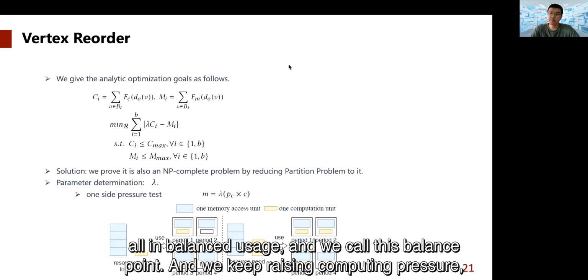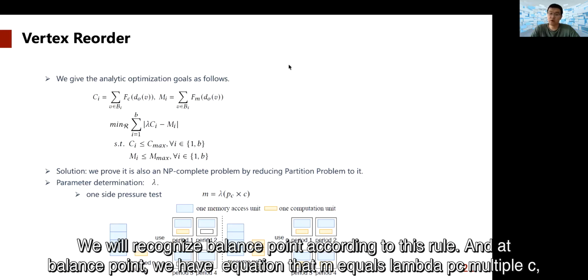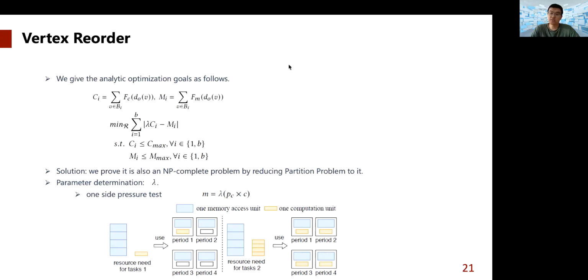And if we keep raising computing pressure, the overall time will increase immediately. We recognize the balance point according to this rule. At the balance point, we have the equation MEM equals lambda times PC times C, where PC refers to computing pressure. That's how we determine lambda.